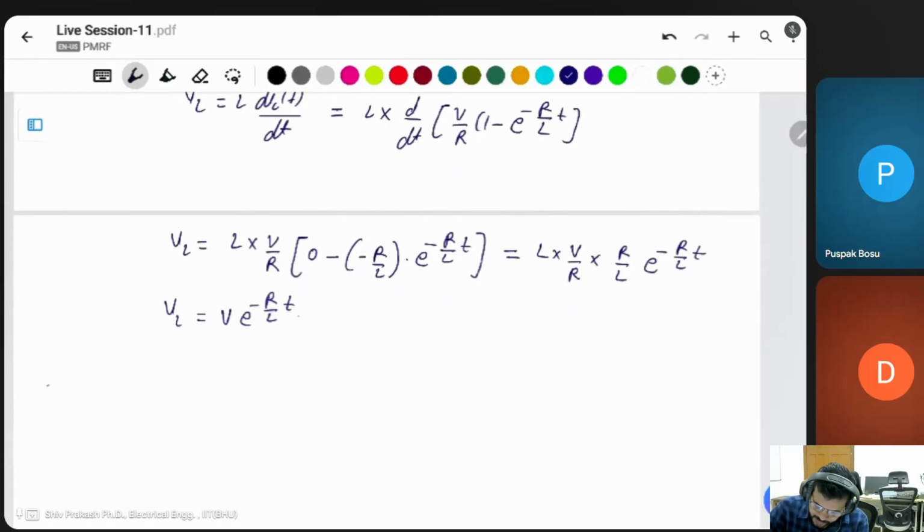The question asks at what time VL is equal to VR. We have to calculate this.